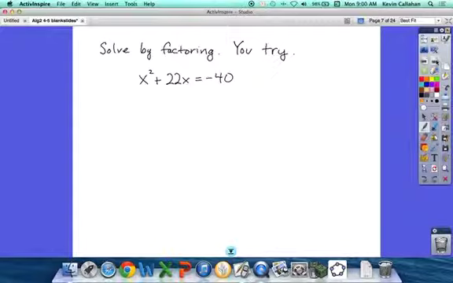Did we get everything on one side, 0 on the other? Remember, if you have homework from a couple of days ago, you've got these already factored in your homework.